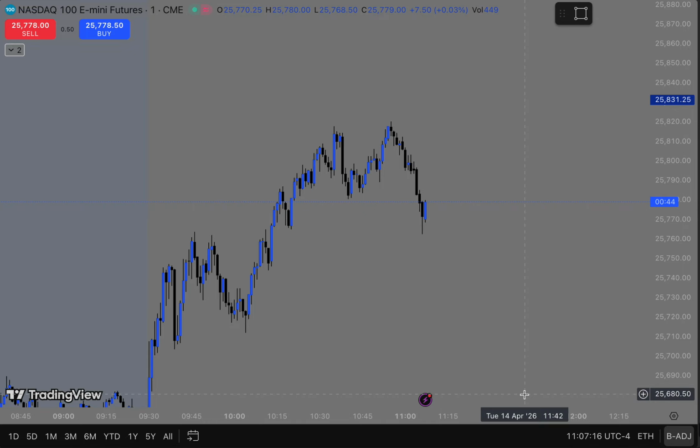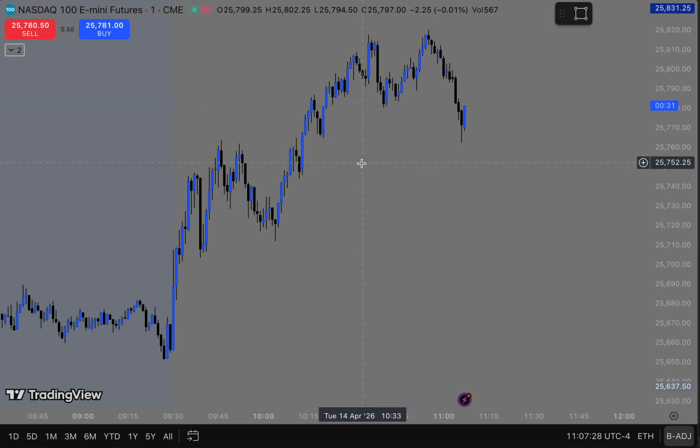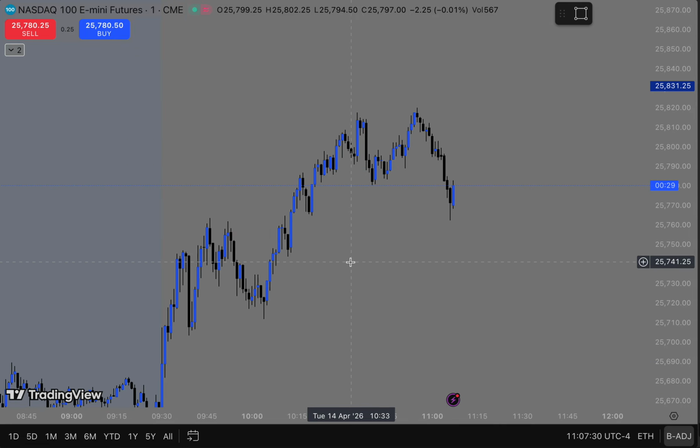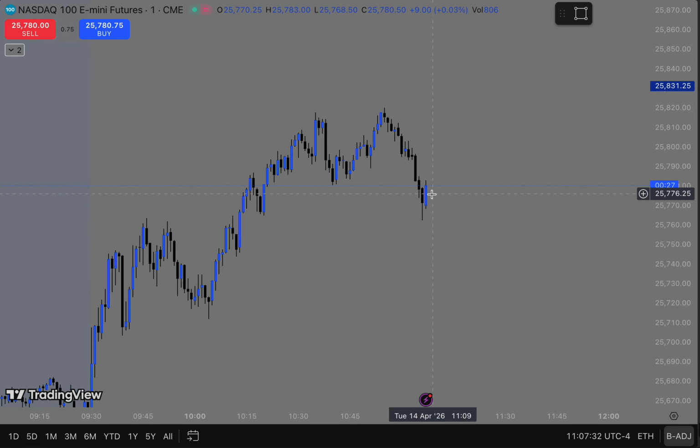And there are tens, if not hundreds, of IFVGs every single day, right? There are IFVGs all over the place. One here, like there are IFVGs literally everywhere. And they work, which is why a lot of people use them. But you have to understand when to use them, where to use them, and when to avoid them.